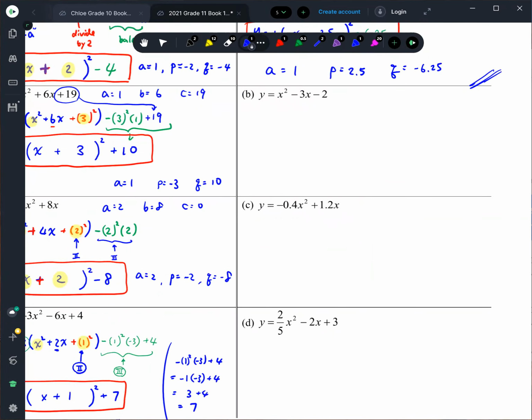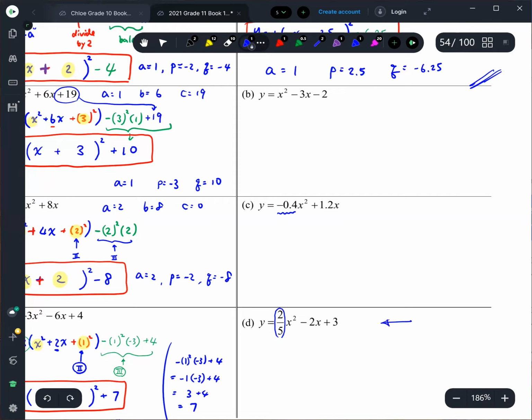Question C, even though there's a decimal, you still do the same thing. The negative 0.4 is your A. You have a calculator when you do factoring. Question D, you have a fraction, same thing. If they give you fractions, then do all the steps with fractions.